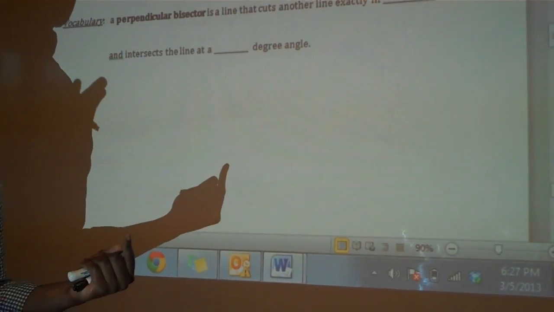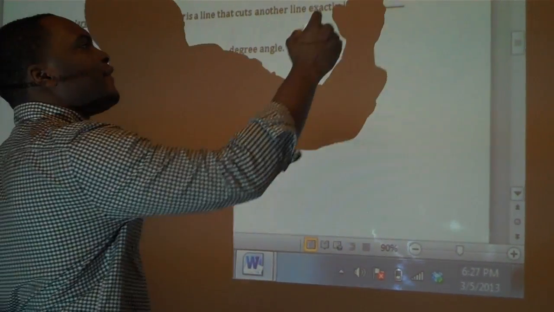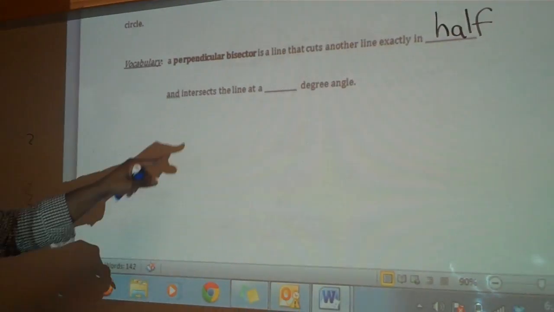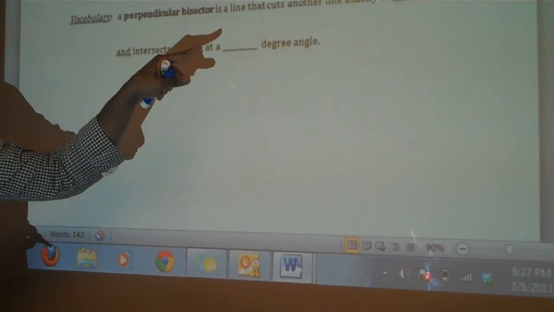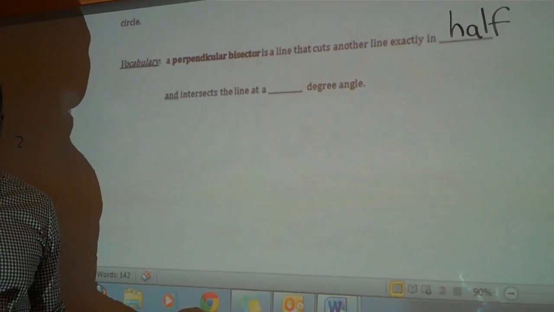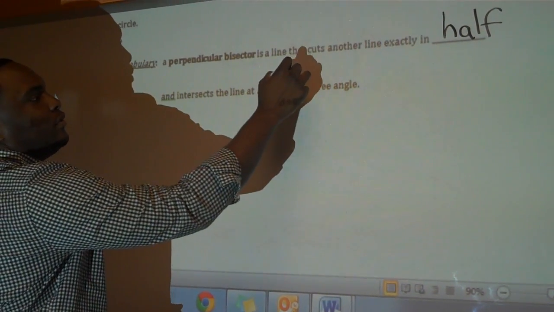Bisect. It's one of our vocabulary words from last semester. It cuts another line exactly in half, and intersects this line at a blank degree angle. So it's a perpendicular bisector. What type of angle do you think it intersects the line at? A 90-degree angle.